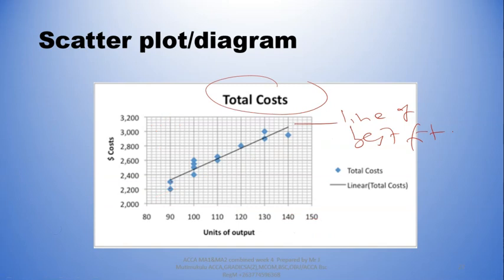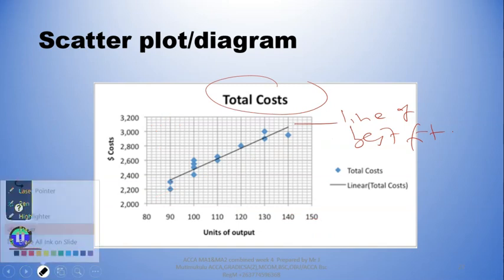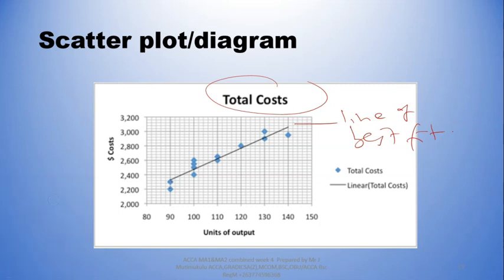Okay. Now in the exam, you might also be asked to estimate certain costs at a certain activity level. So for you to do that, you just have to draw your line of best fit, as you can see there.